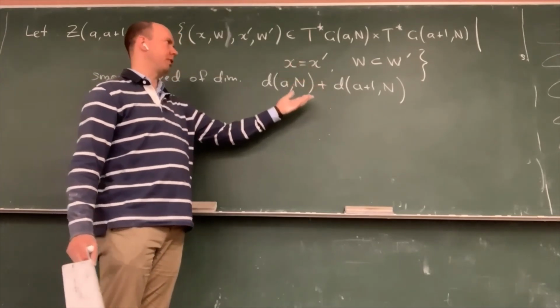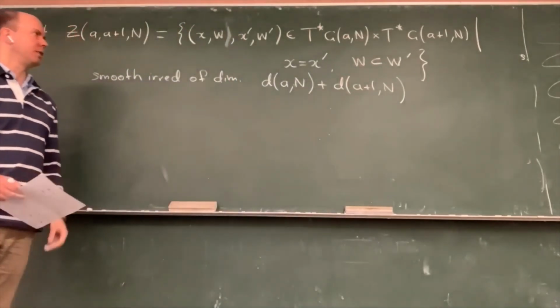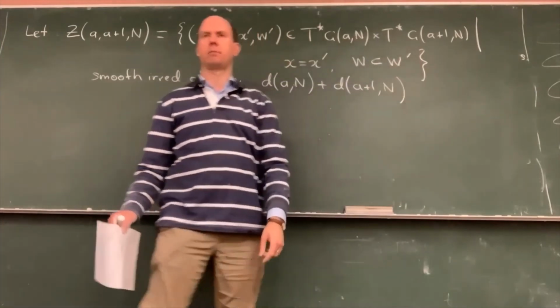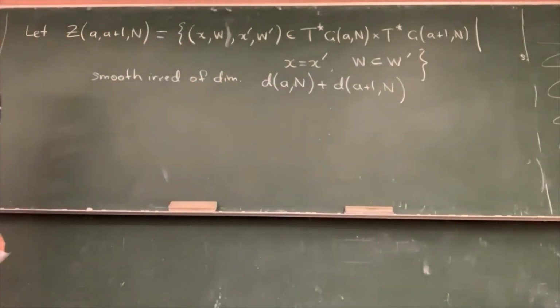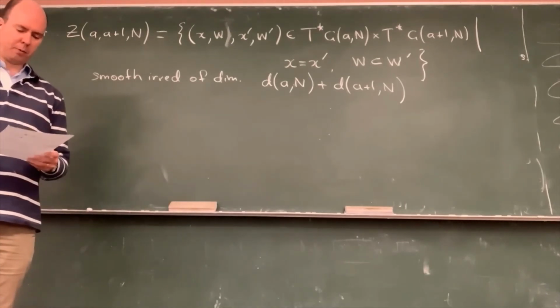So it's the average of the complex dimensions of the cotangent bundles involved. So it's exactly half the dimension of this whole product, which might make you think that there's a symplectic story to say here, which is true, but I won't get to that.